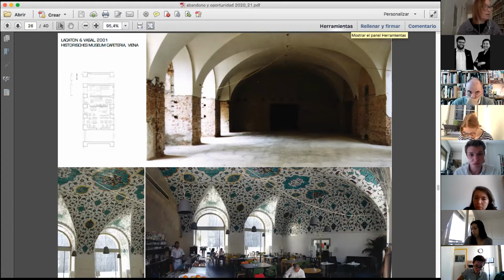On the other hand, some tiles covering the walls evoke the Oriental architecture so closely related to the Austro-Hungarian Empire. This simple operation enhanced a dull space, giving it brightness, light, and personality.